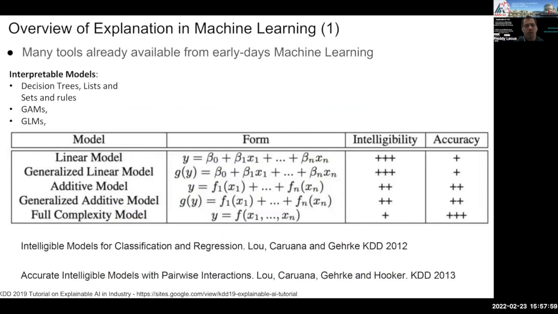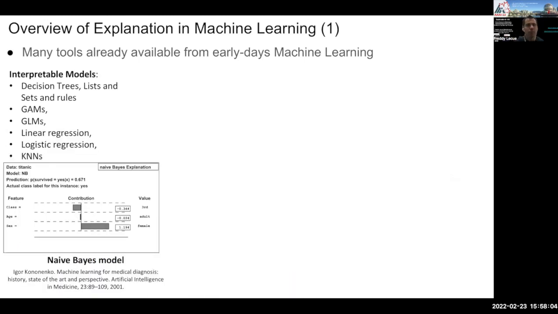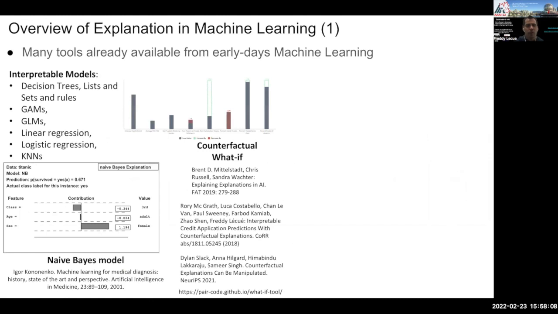But there are techniques that you can use for complex models. So you have naive Bayes models. You do have counterfactual, which is something I mentioned earlier. Naive Bayes has independent conditions, which makes the problem much simpler, but at least that gives you a pretty neat explanation in a very simplistic model.